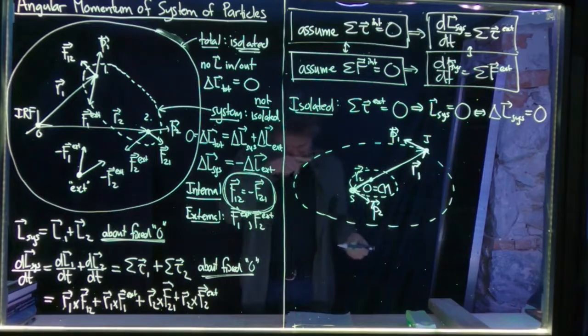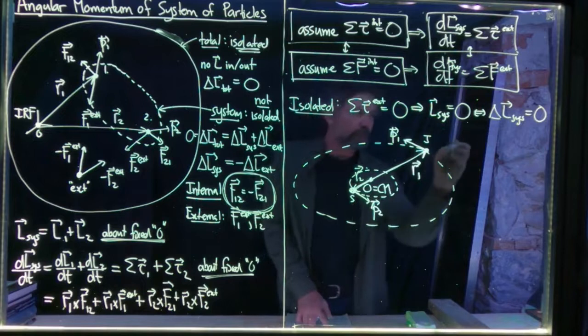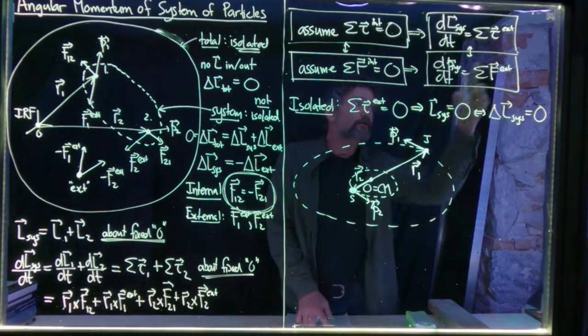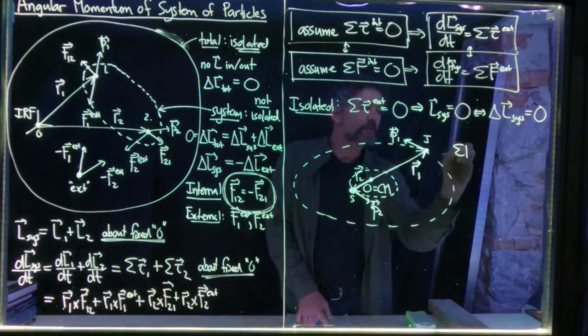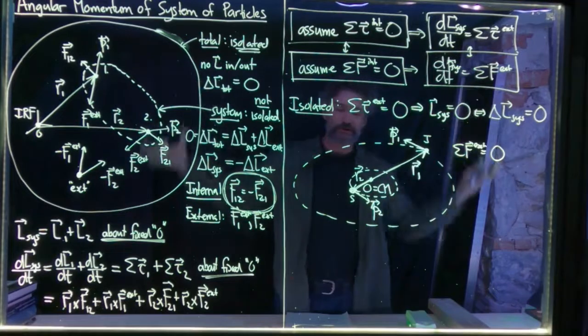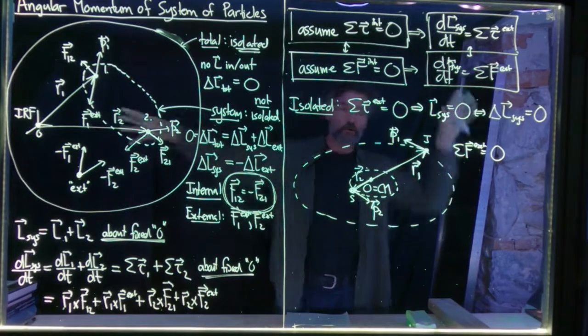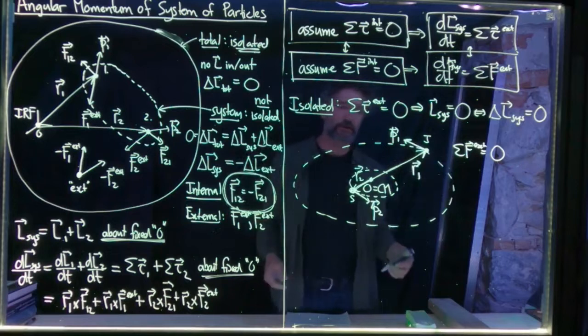That guy. Okay? And so the first thing to say is that here the sum of the external forces is equal to 0. We're just imagining that our universe consists of the Sun and Jupiter, and there are no other planets, no other stars, there's nothing else exerting any forces on this system.